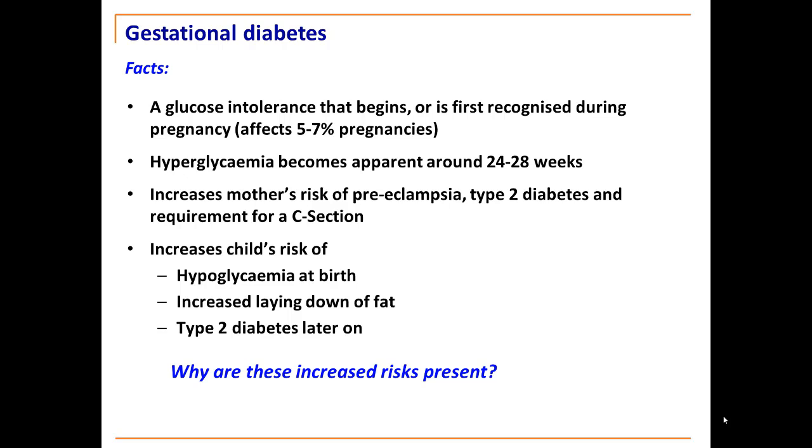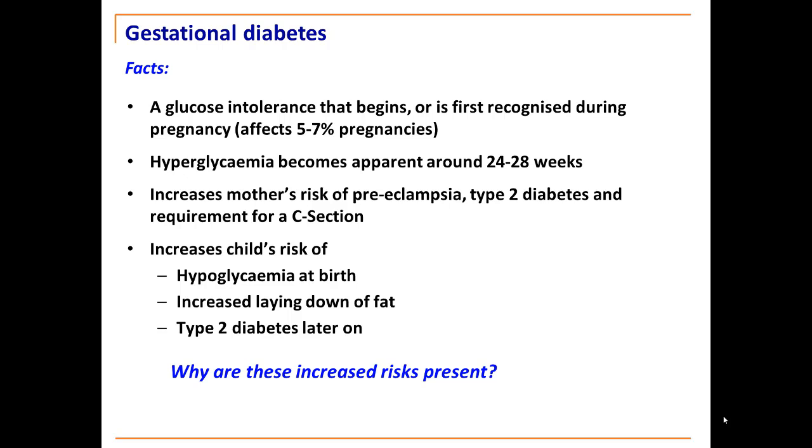What about the increased laying down of fat? Well, of course, insulin, of which there is an excess within the baby, stimulates glucose uptake into adipocytes and stimulates the conversion into triglycerides and therefore fat levels. Why are they more susceptible to type 2 diabetes mellitus later on? Well, basically, you're stressing an immature pancreas because of that increased glucose, leading to excessive insulin release, but also the longer term hyperglycemic damage that is occurring.